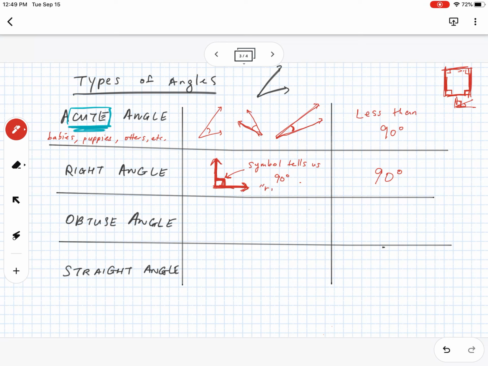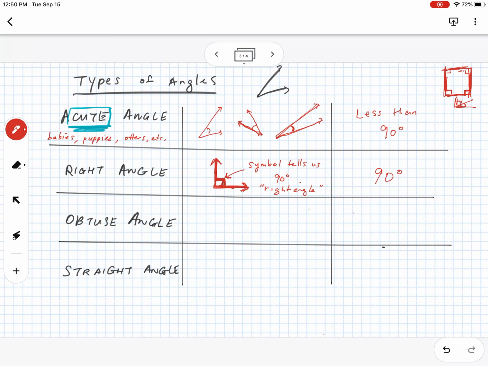That symbol is the right angle symbol. So 90 degrees is kind of like the threshold. It's the place where things change. Anytime it's less than 90 degrees, it's going to be acute. It's so cute, it's so little. And right when it hits 90 degrees, it's going to be a right angle.